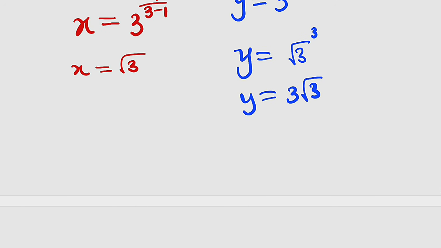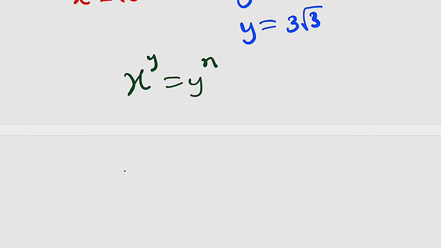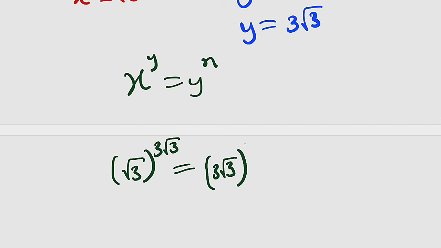So let's check this and see whether it is going to satisfy x to the power of y equal to y to the power of x. x is square root of 3 raised to the power of y, which is 3 root 3. y is also 3 root 3 to the power of x, which is square root of 3.